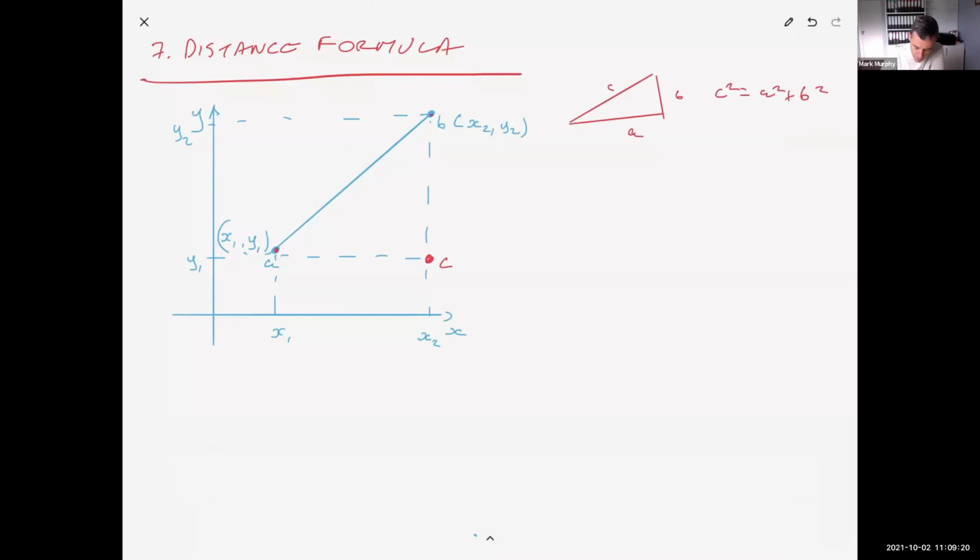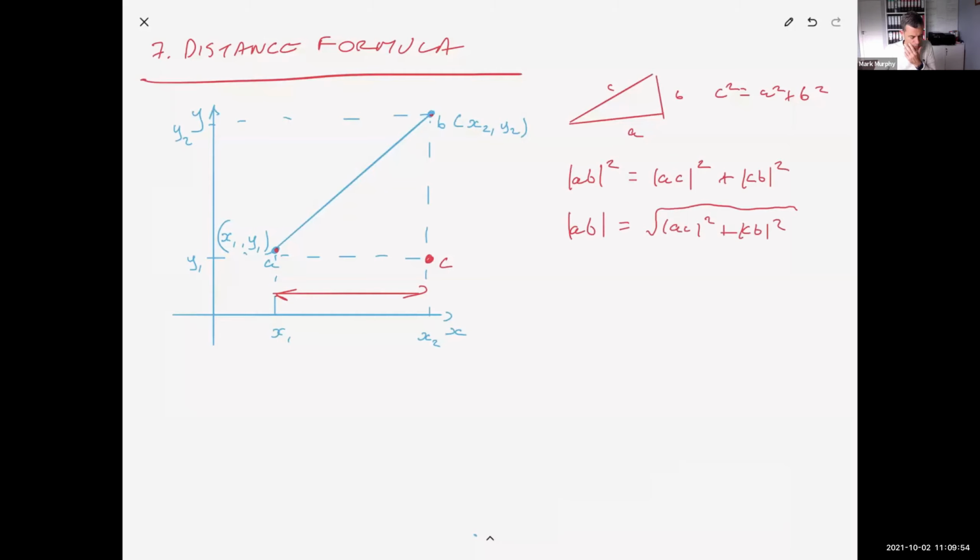So we can say AB squared is equal to AC squared plus CB squared, which is this distance. That's right, isn't it? So we can say that AB is equal to the square root of AC squared plus CB squared.